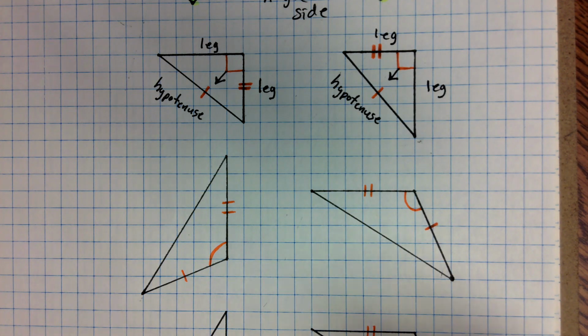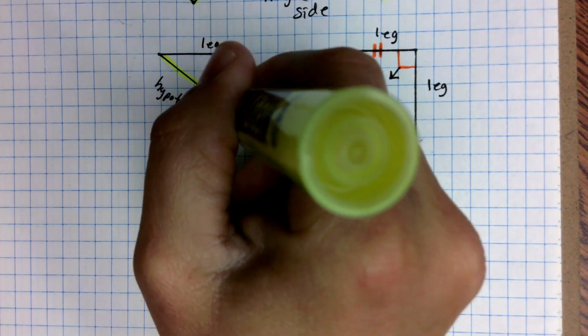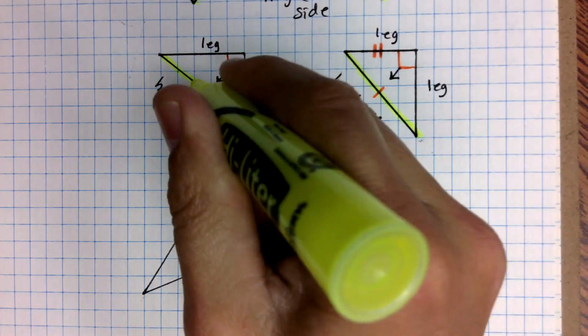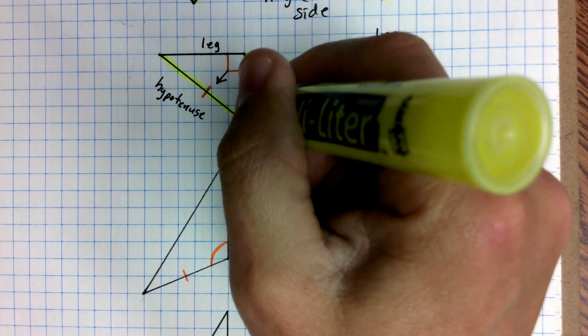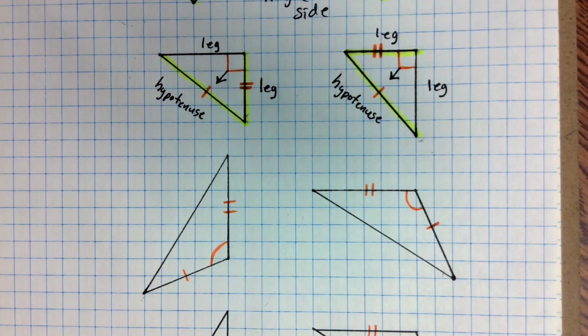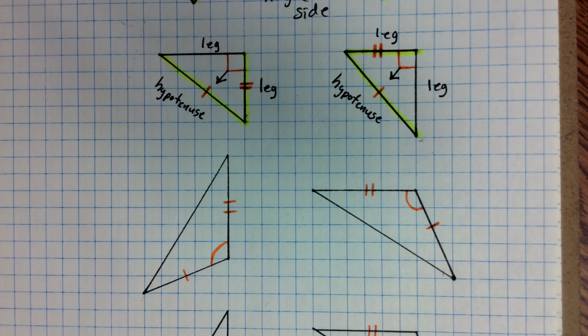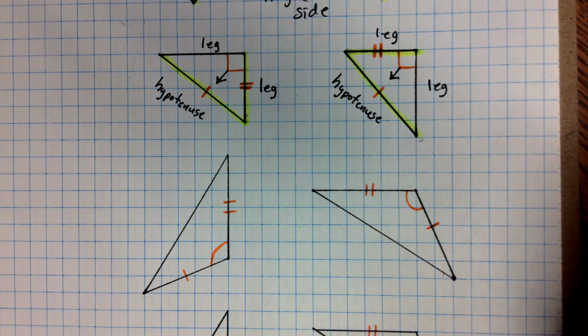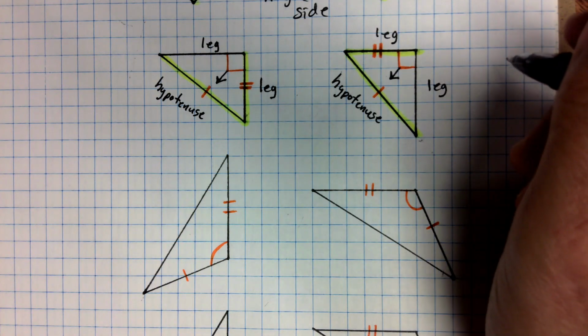So in this particular one, since we do have a hypotenuse on both that are congruent, notice the single mark and the single mark, and we have a leg on both that is congruent, we can actually say that these two particular triangles are congruent by hypotenuse leg.